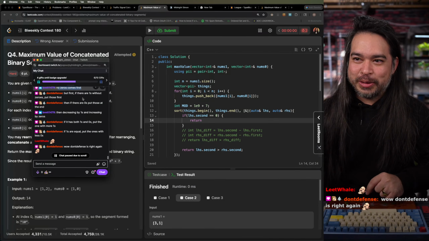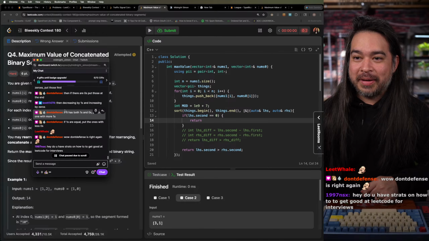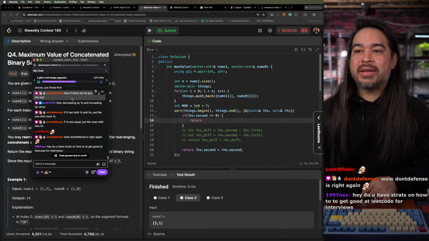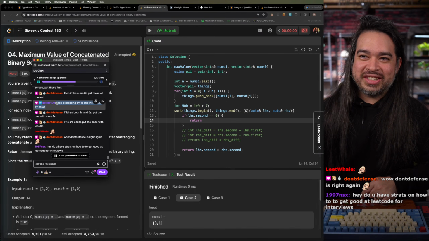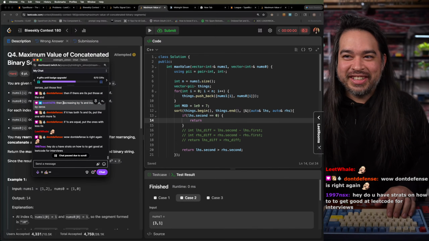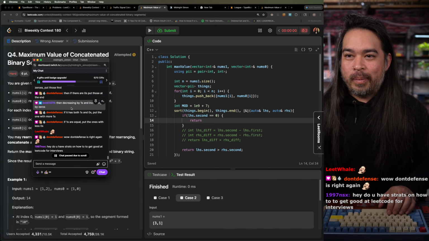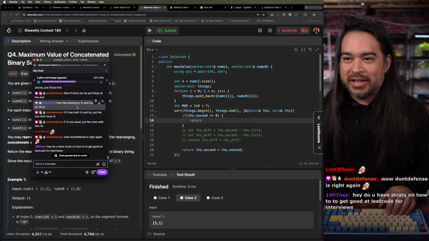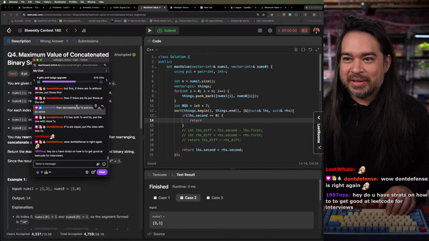The no zeros part. Then decreasing by ones and increasing by zeros. Okay, I got the gist of it, man. I just wasn't sure, you know? If it has both ones and zeros, put the one with more ones. If ones are equal, put the ones with the less zeros.